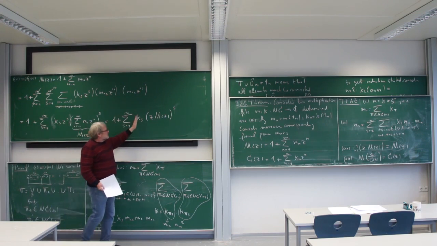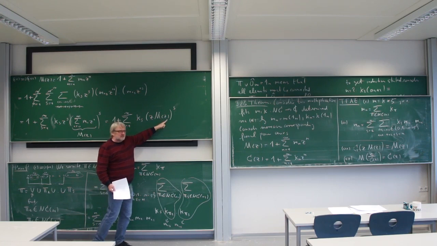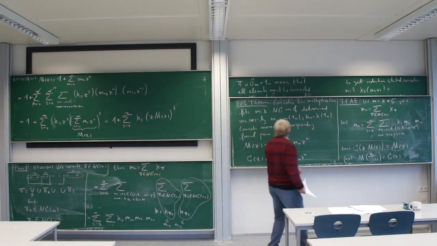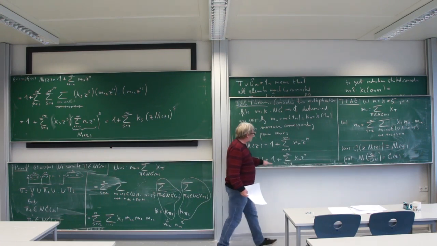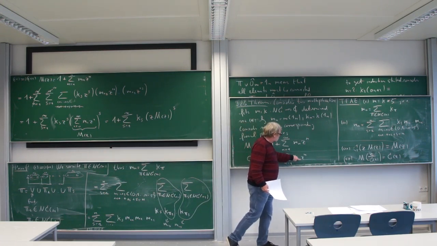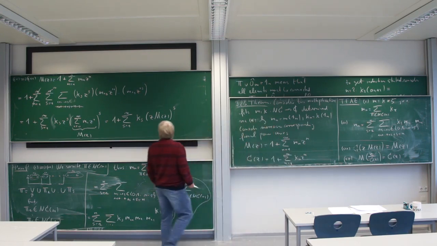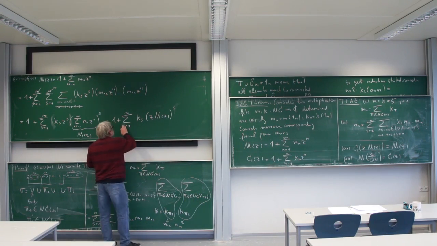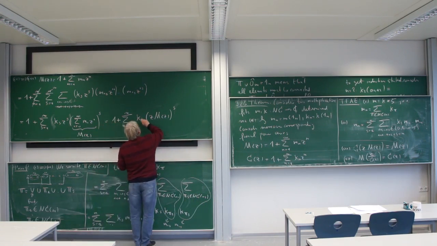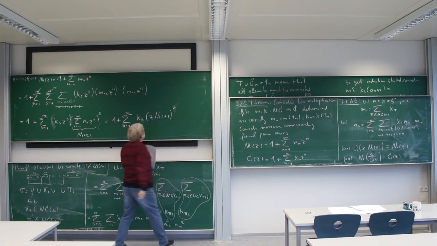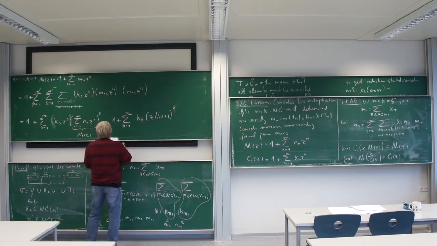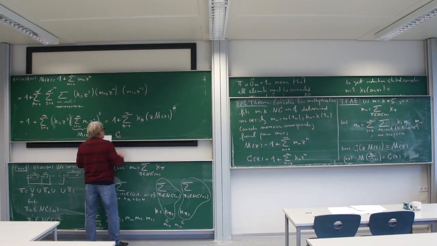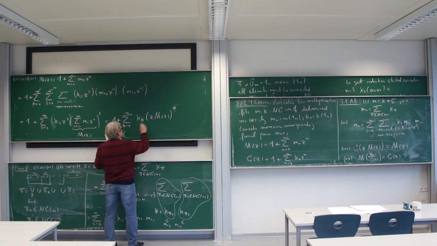This is now the power series for the C, but the argument is this guy here, because C has as argument the sum over kappa_n times the argument to the power n. Instead of n, I have here s. We could also rename this to n. Then you see that this is now the argument. So what I have here is nothing else than the function C applied at the argument z times M of z.